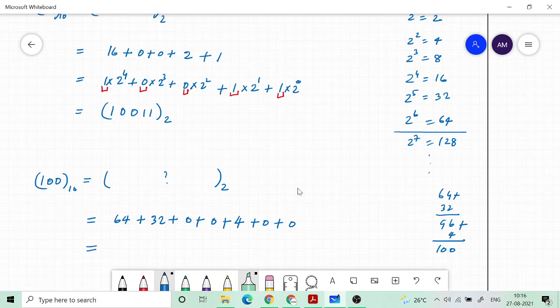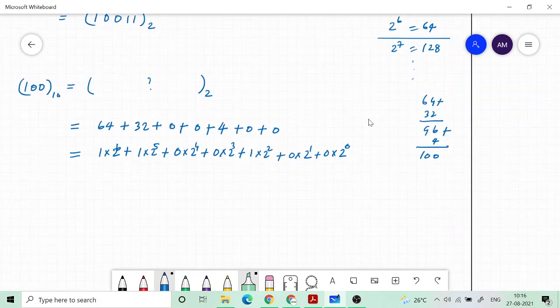Okay, so in other words, I can say 100 is 1 into 2 raised to 6 plus 1 into 2 raised to 5, 0 into 2 raised to 4 plus 0 into 2 raised to 3 plus 1 into 2 raised to 2 plus 0 into 2 raised to 1 plus 0 into 2 raised to 0. So we got the number. Just take out all these coefficients corresponding to the powers of 2.